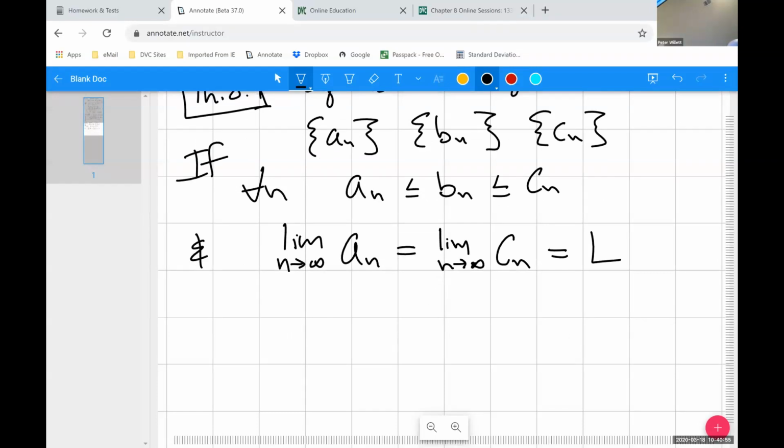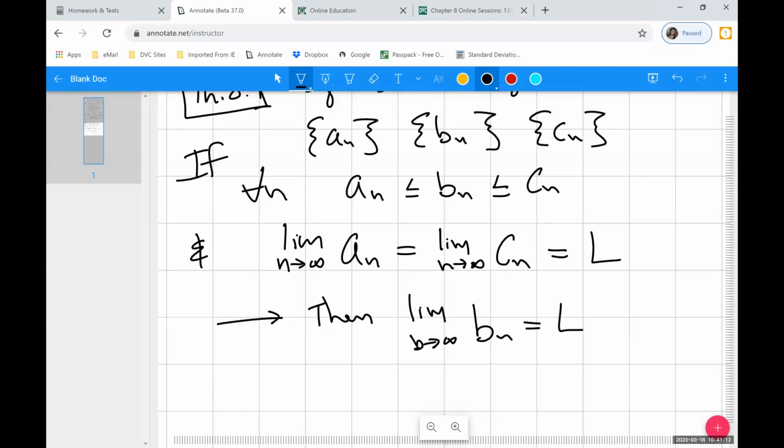The c values are all bigger than b. Both of those sequences approach L, then that forces the limit as n tends to infinity of the b sequence to also be L. It has no choice but to go to L because a and c both go to L and b's just trapped between them along the journey. So this is the restatement of the squeeze theorem.